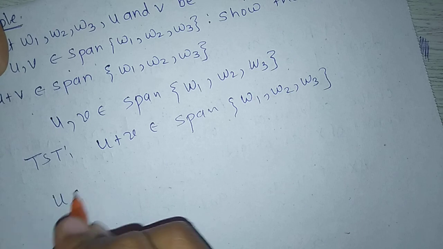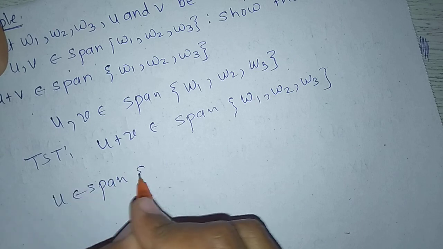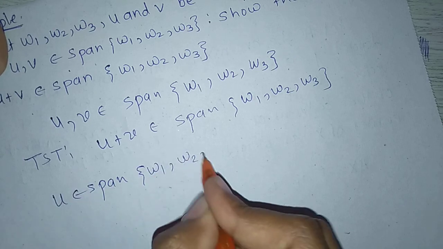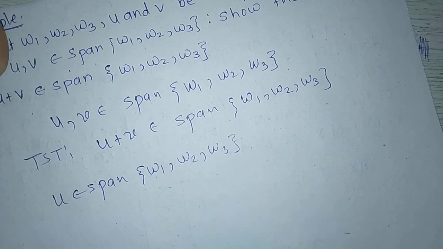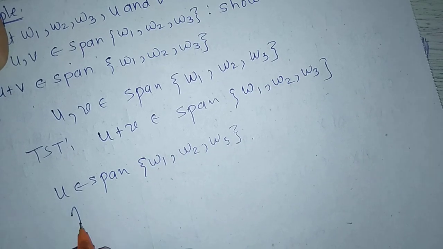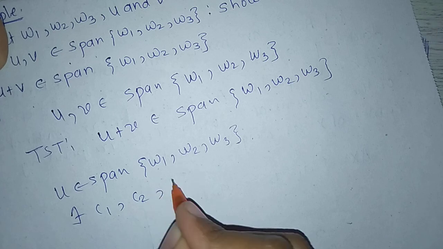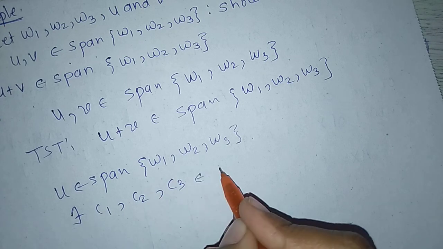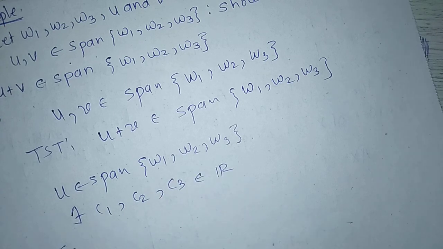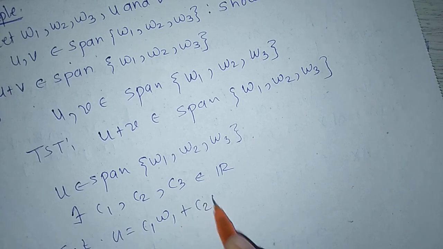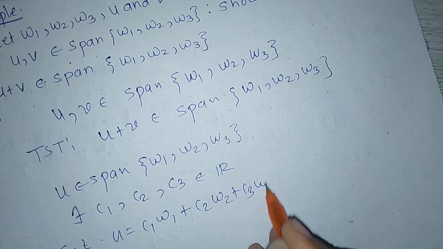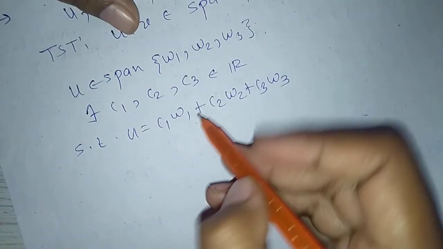Take first U belonging to the span of W1, W2, W3. By the definition of span, there exist C1, C2, C3 in R such that U equals C1 W1 plus C2 W2 plus C3 W3.